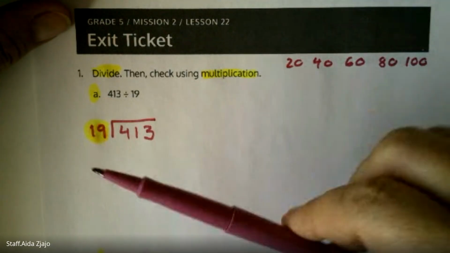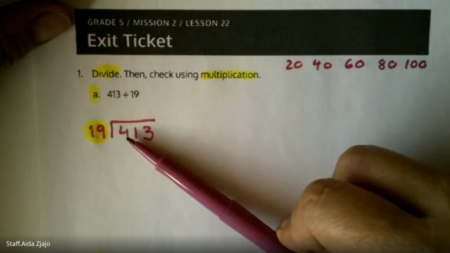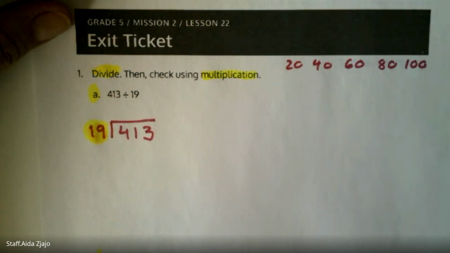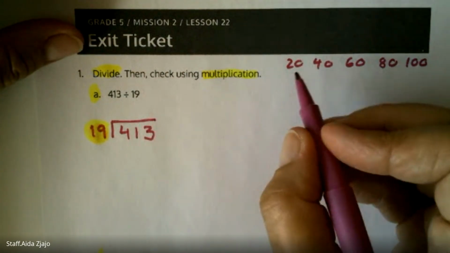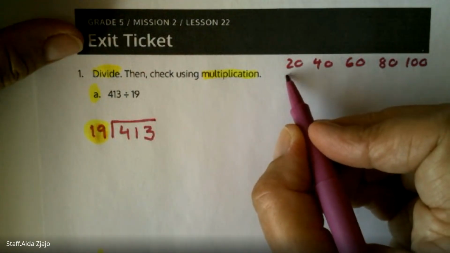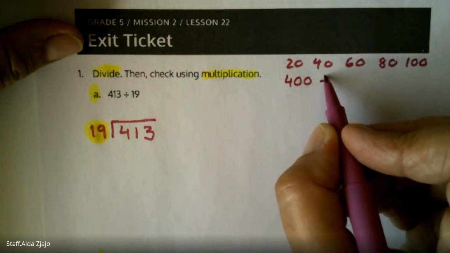So you can think this to be 400. So 4 times 5, so your answer should be about 20s in your estimation.